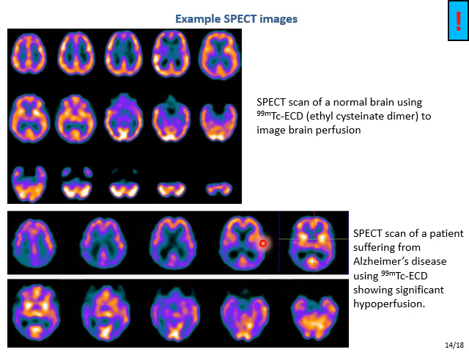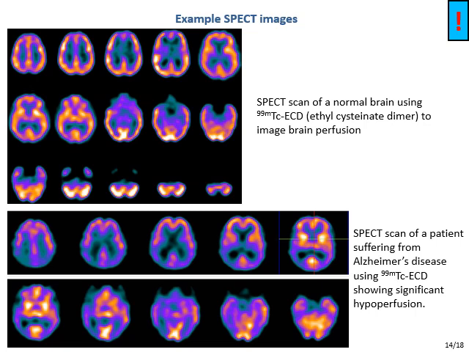And in the bottom image series, you can see the same kind of perfusion images, but in this case, the images are from a patient suffering from Alzheimer's disease. And these images are characterized by cortical hypoperfusion, and this kind of feature is characteristic for patients suffering from Alzheimer's disease.